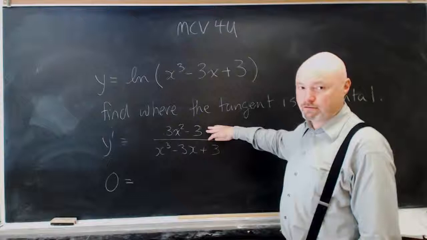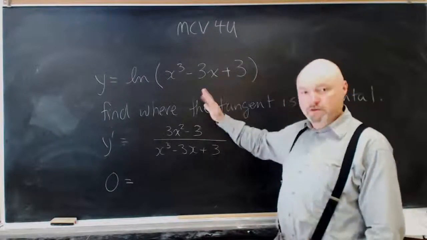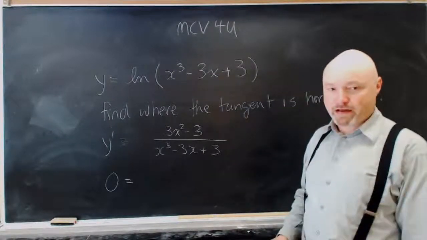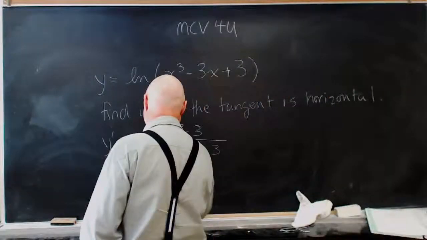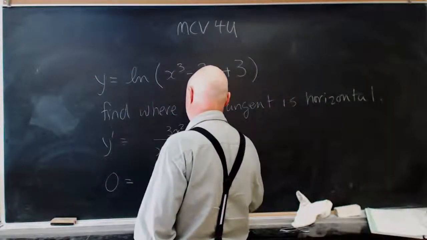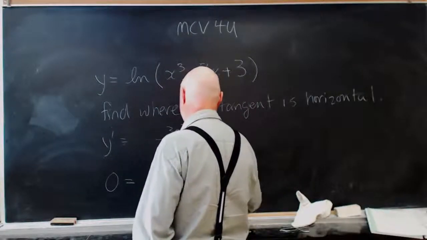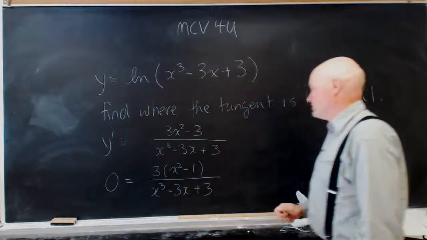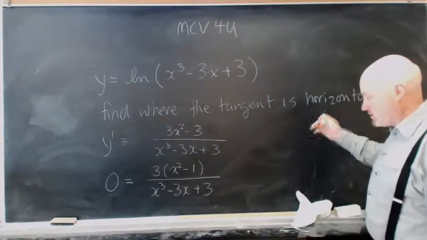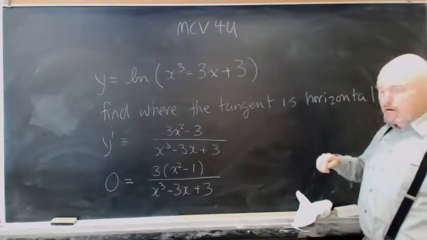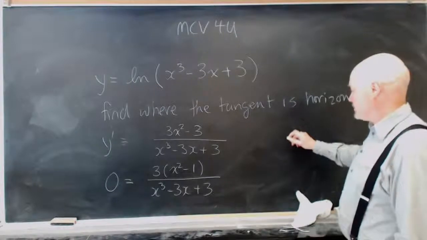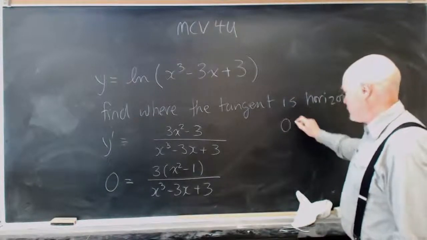So the top equals 0. Yeah, it's where the top equals 0, so we're going to factor the top. So I guess we're going to ignore the bottom. It's just where the top is equal to 0.